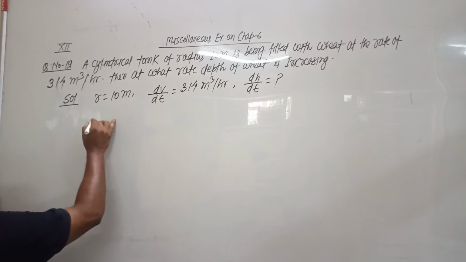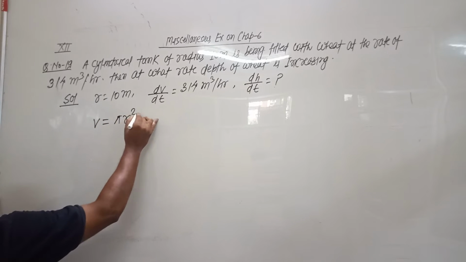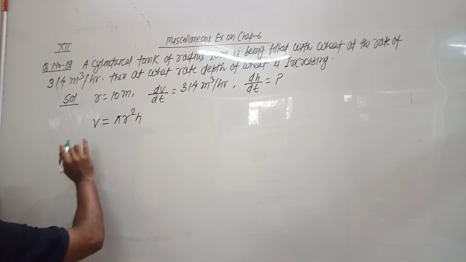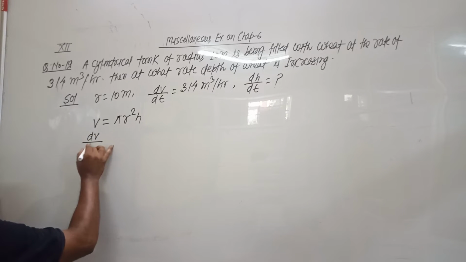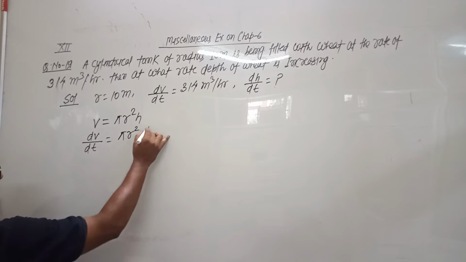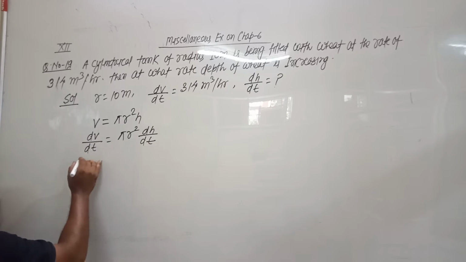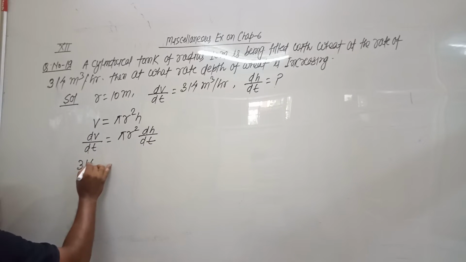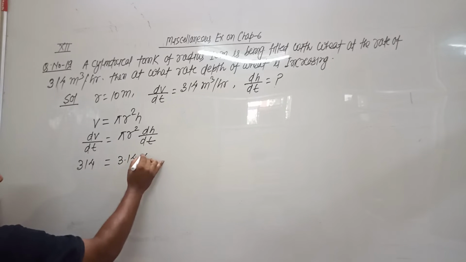So write down the formula of volume of cylinder, pi r square h, and differentiate it with respect to t. So dV by dt equals pi r square dH by dt. The value of dV by dt is 314. The value of pi is 3.14.